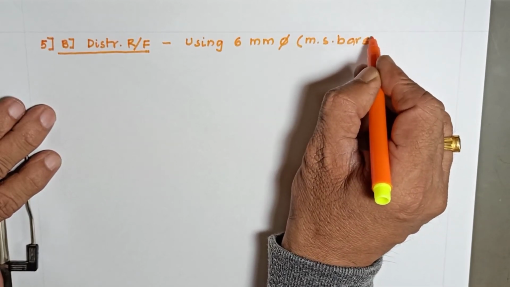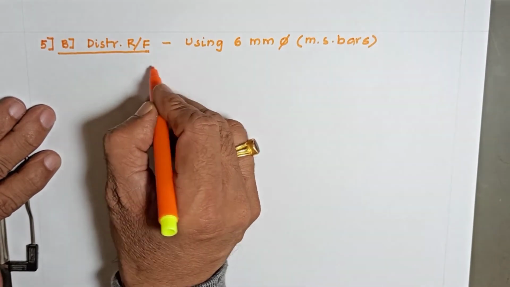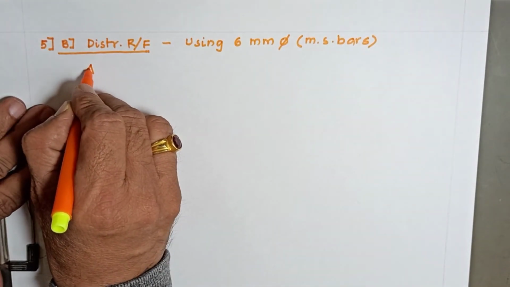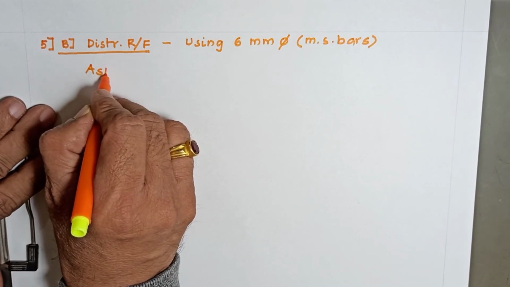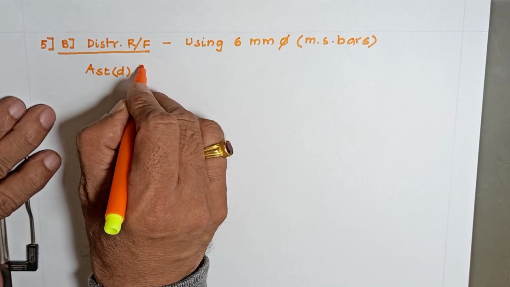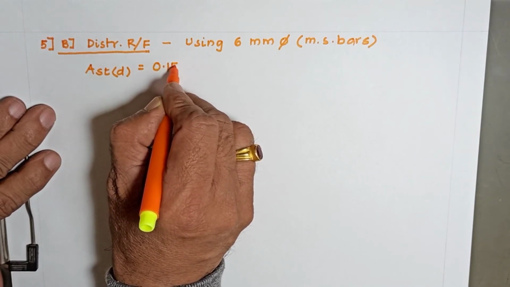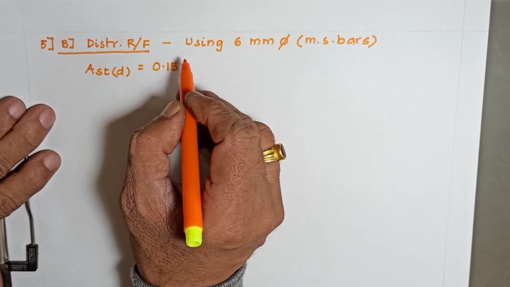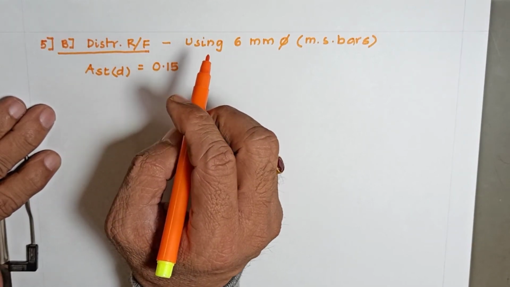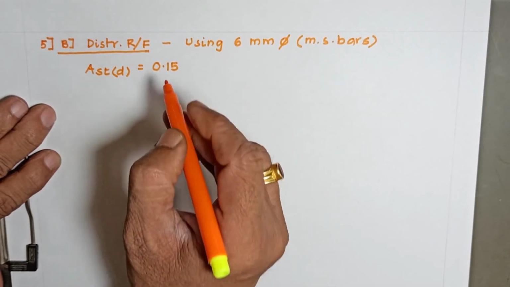As we are using mild steel bars, we can say that the area of reinforcement for distribution is taken as 0.15 percent. I have shown you this from IS 456 2000 on page 48.